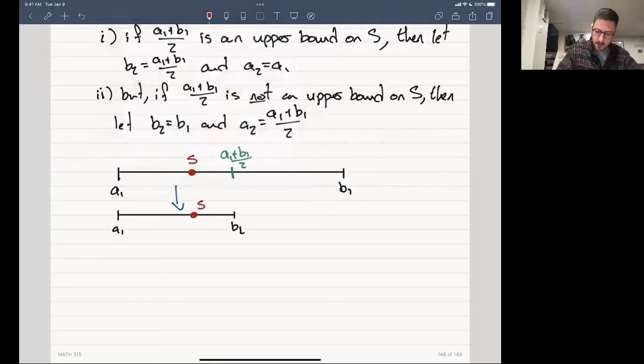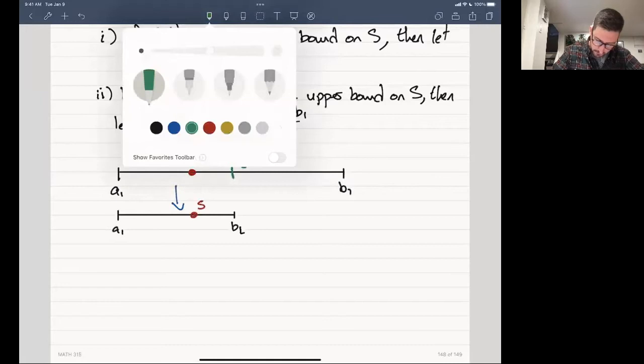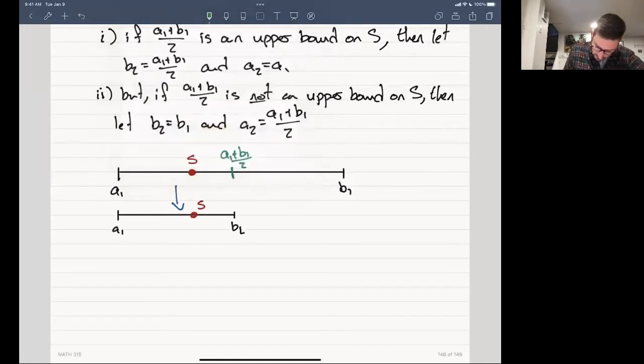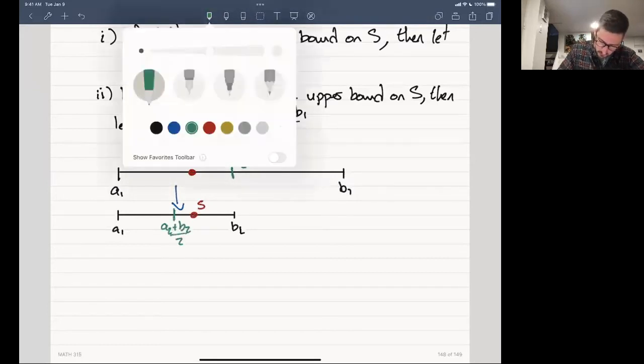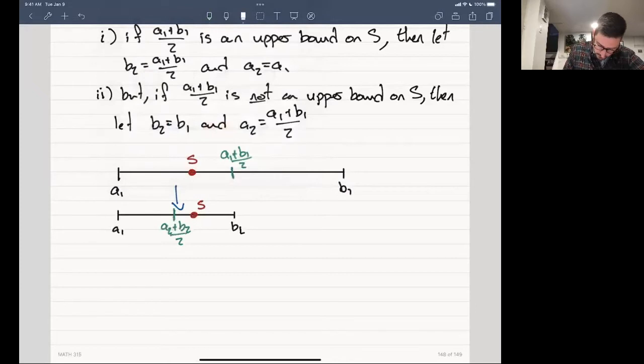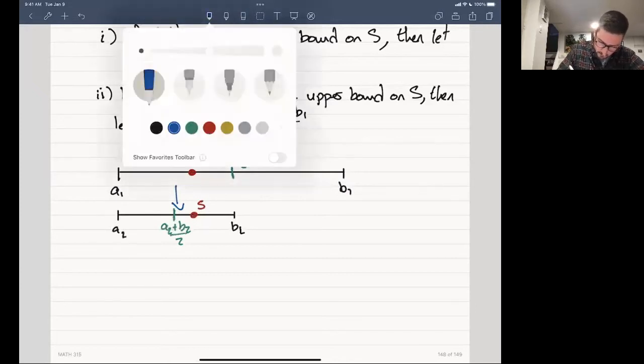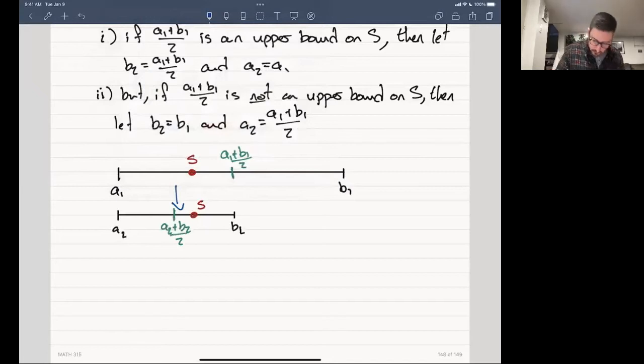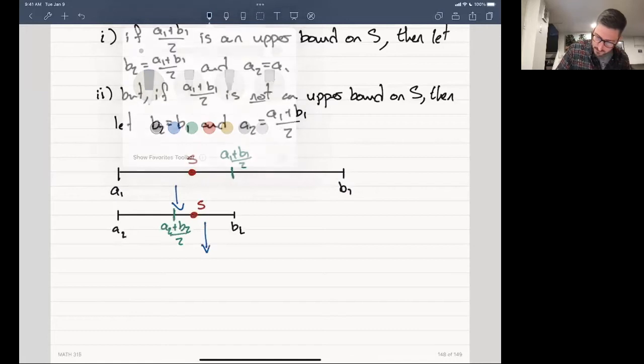And in the next step, you find the midpoint of this interval. This is going to be (A2 plus B2) over 2. Sorry, this left endpoint, let's be consistent, this would be A2 now. Then you choose the half interval that S belongs to, and you repeat the process again.